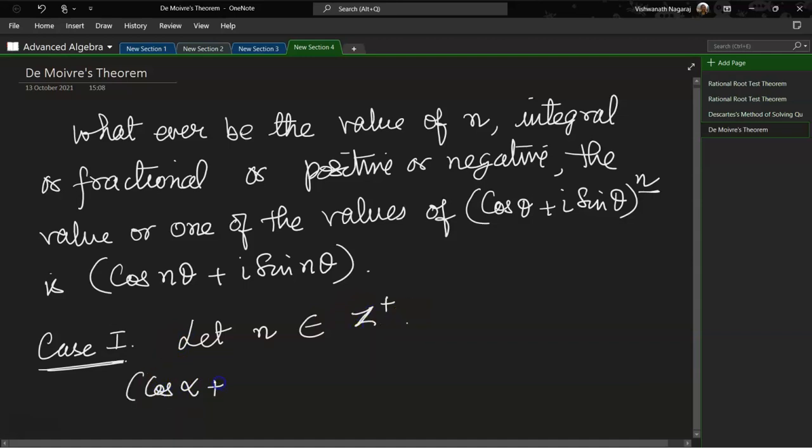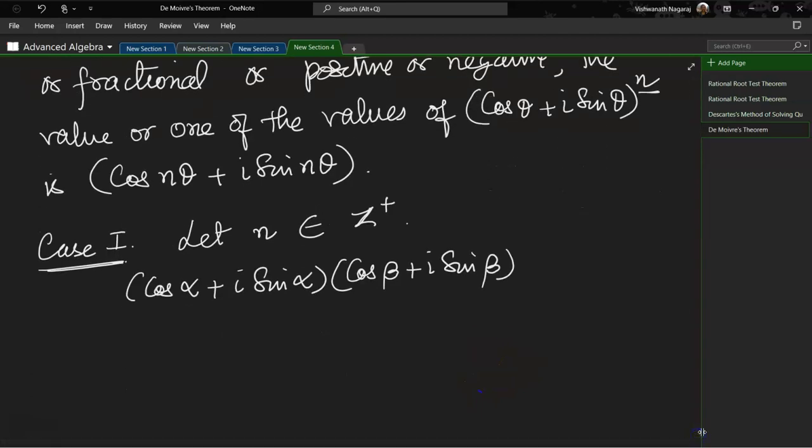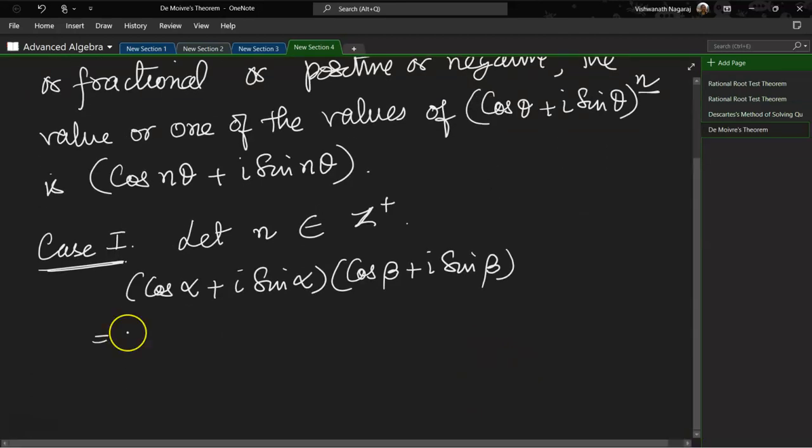Cos alpha plus i sin alpha times cos beta plus i sin beta. Let's do this multiplication. What do we get?